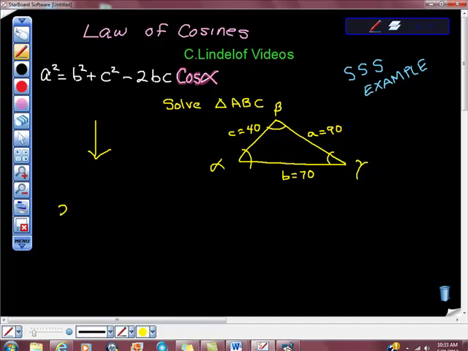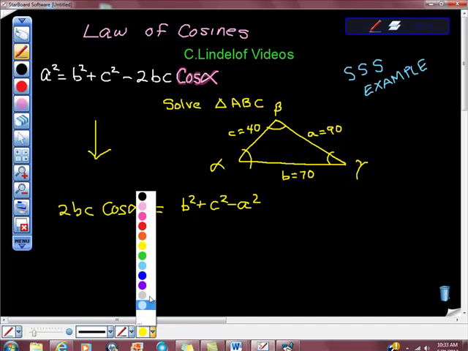Right then, 2bc cosine alpha is equal to b squared plus c squared minus a squared, just algebra. I move this here and this there. Remembering that what I really want is this cosine alpha by itself.